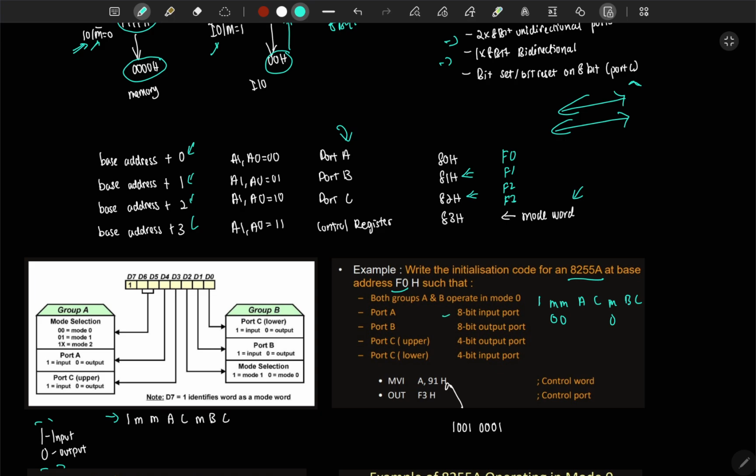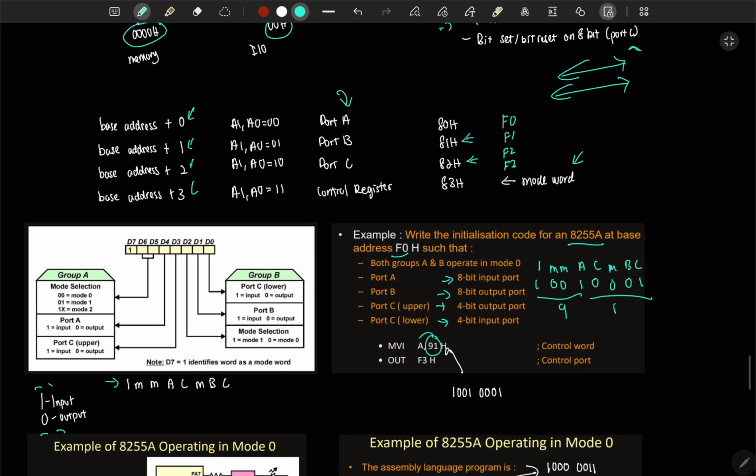Then they said that port A is input and port B is output. Then they say upper C is output, and the lower C is input. So we will get this number which translates to 9 and 1. Now 91 into A, and that is outputted into the control word.